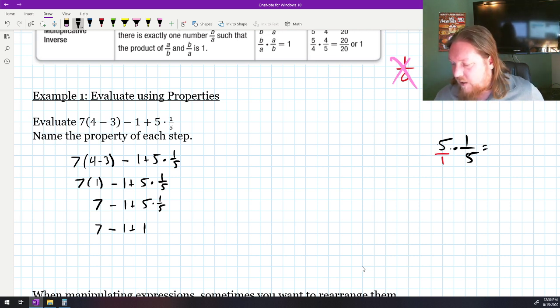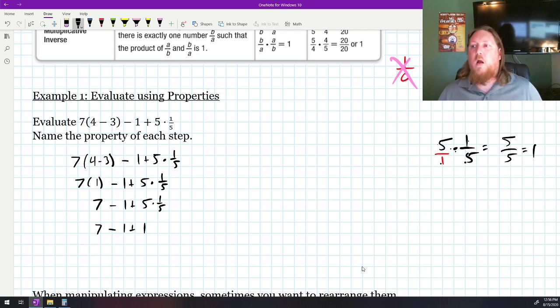What is 5 times 1? It's 5. What is 1 times 5? 5. 5 divided by 5? It's 1. I just combine all those things together. Hopefully you might know right now already which property I just used there. That's why it was so easy for me. But if you ever need to break it down, that's how you can handle that.